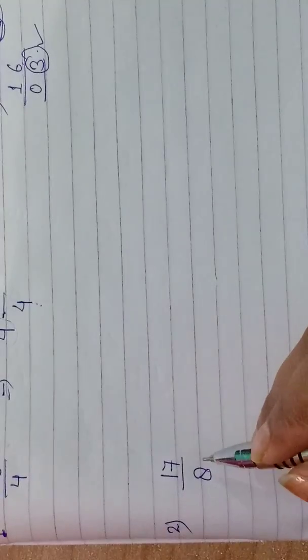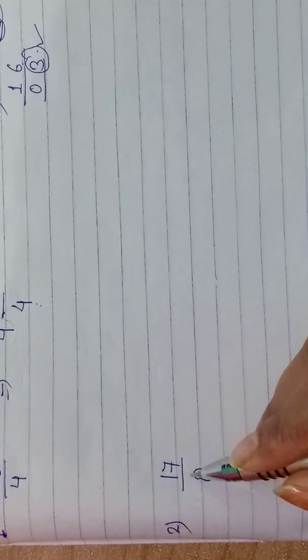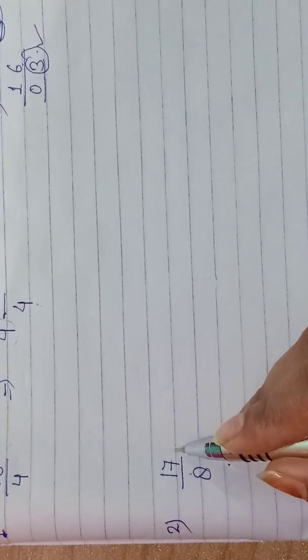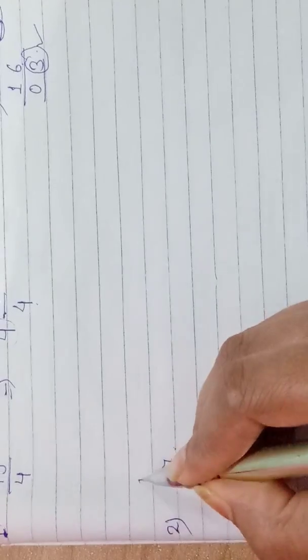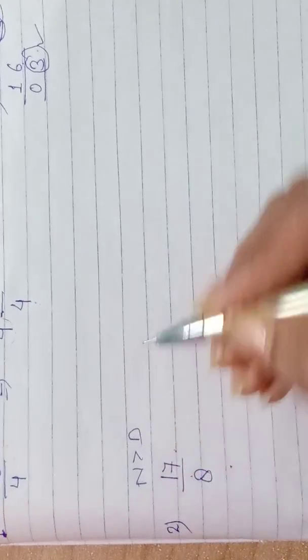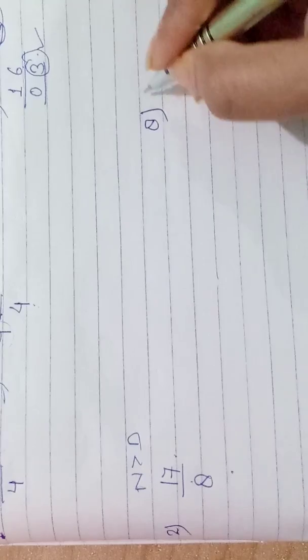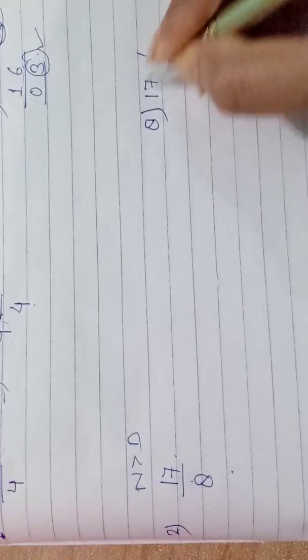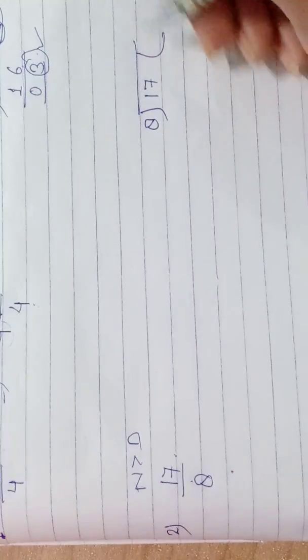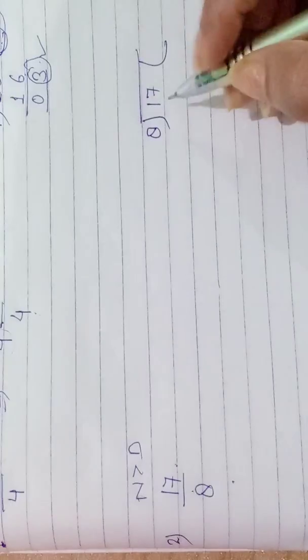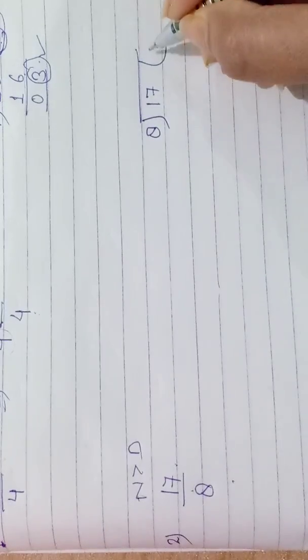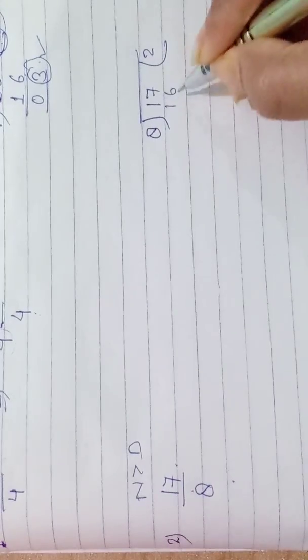Now the same process we will do for 17 by 8. This is an example of an improper fraction. Here we are seeing the numerator is greater than the denominator. So we will just divide 17 by 8. 8 2s are 16.